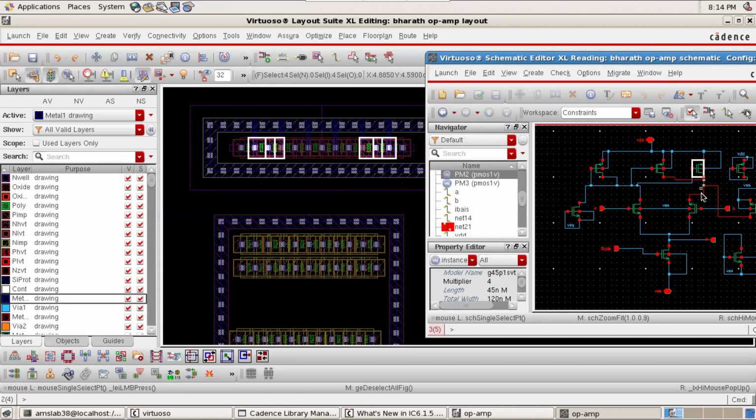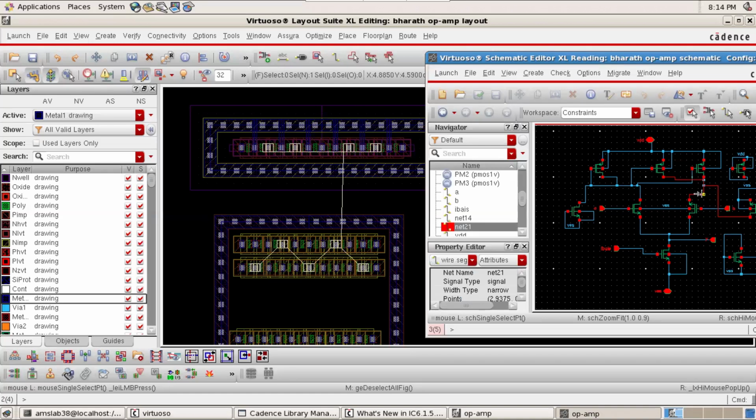This device net is ending with supply, and this is commonly shared with a drain. Then this will be supply, and again commonly abutted with respect to the same net.